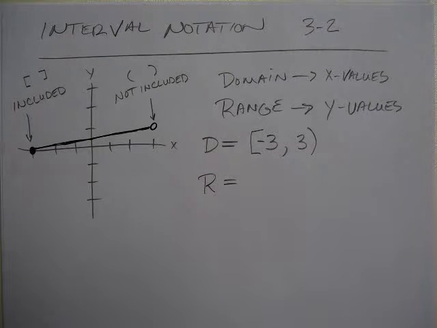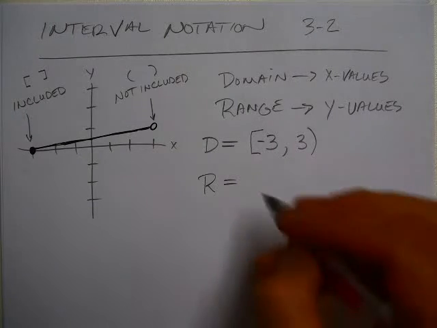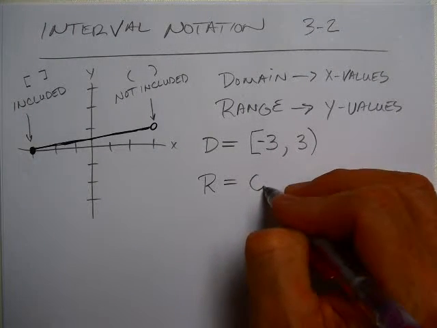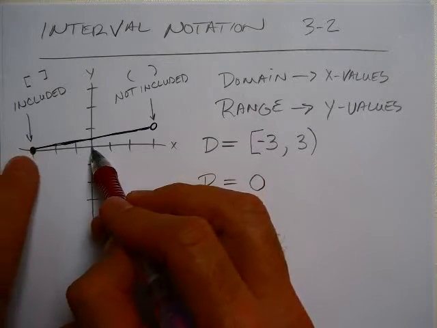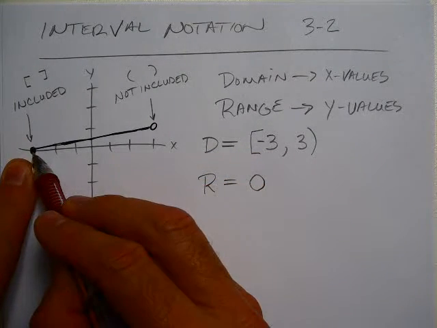The range of the y values. What's the smallest y value that exists in this? Say that again? 0. Yeah, Denise, it's 0. Good. The smallest y value is 0, right? Because this is -3, 0.